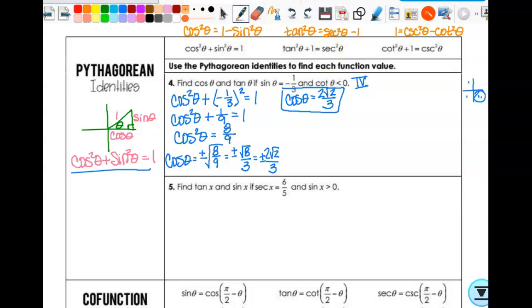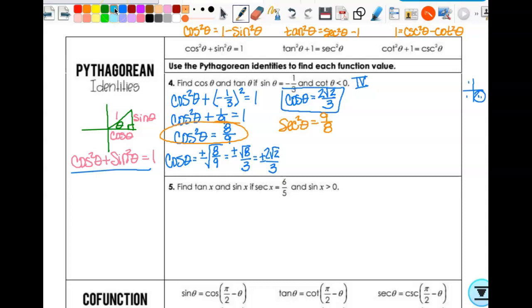Cosine. But I actually want secant squared, and I have cosine squared right here. If cosine squared is 8/9, then secant squared is 9/8. I don't have to square the square roots and take the reciprocal. I can just substitute that in.